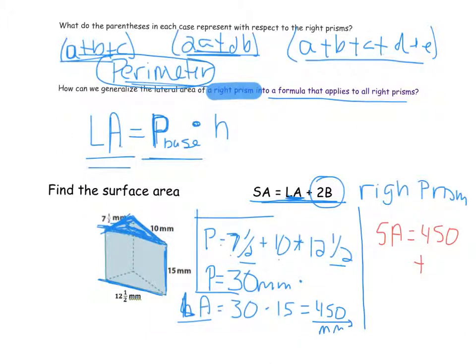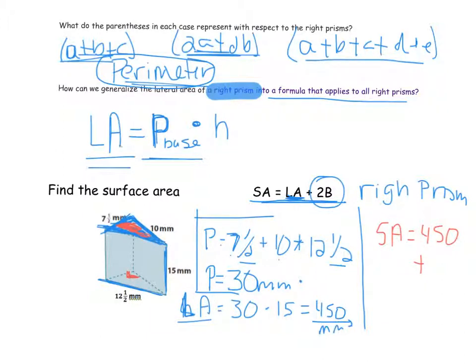plus, now I need to find the area of the triangles. And when you're finding the area of the triangles, the triangle base, it's important that you can see what side you should use. And I can see it the best on the bottom. Right here is going to be my right angle.